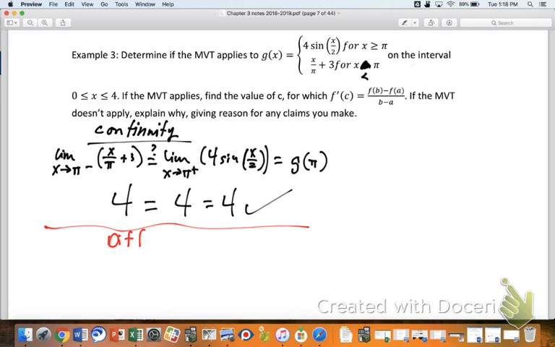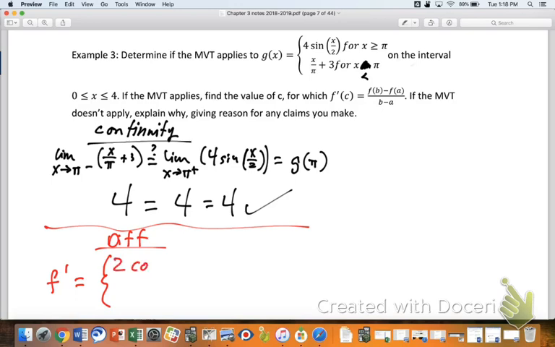Now we got to check differentiability. I'll just put diff for that. In order to do this, we need to find what f prime is. So it's piecewise, so I'm going to write f prime equals, what's the derivative of 4 sine of x over 2? 4 cosine. So 4 cosine of x over 2, I agree, times 1/2. It's a chain rule, right?